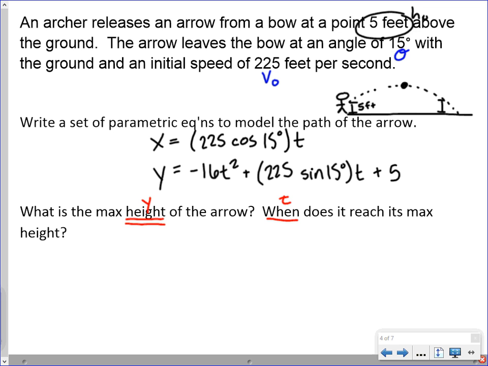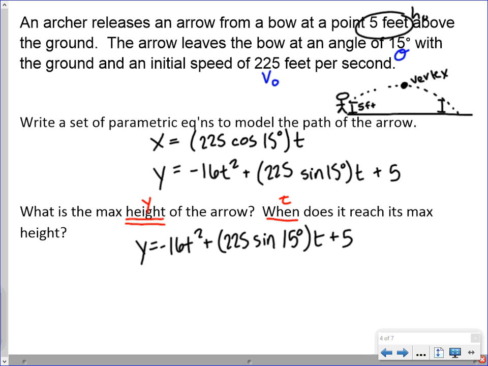What do you call that point? The vertex. Okay. So to help you out, we're going to focus, as you said, on the y equation for right now, because we're dealing with the height. So we're looking at y. And I'm going to write over here my little hint to you. This looks like what we called in Algebra 2 the standard form for a quadratic function, y equals ax squared plus bx plus c.